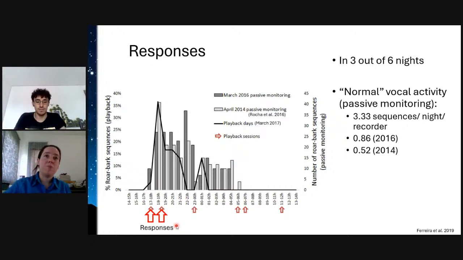We had no response at any other time we conducted the playback, which is another clue that it might be something like a defense mechanism, something to defend territories and mates.